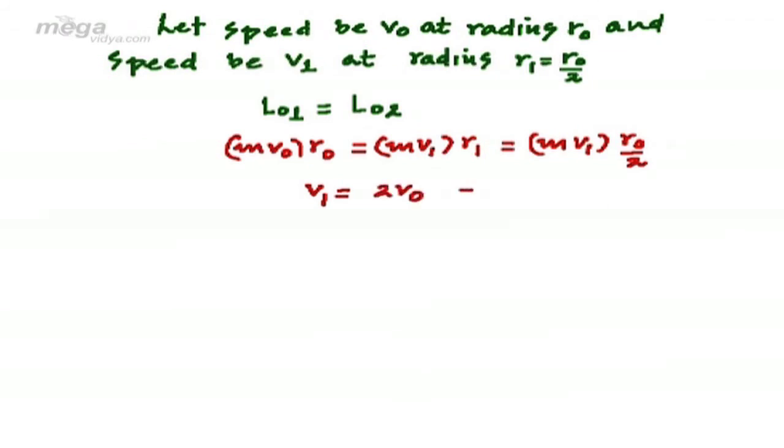Since the value of v0 is 20 meter per second, 2 into 20 will give the value 40 meter per second.